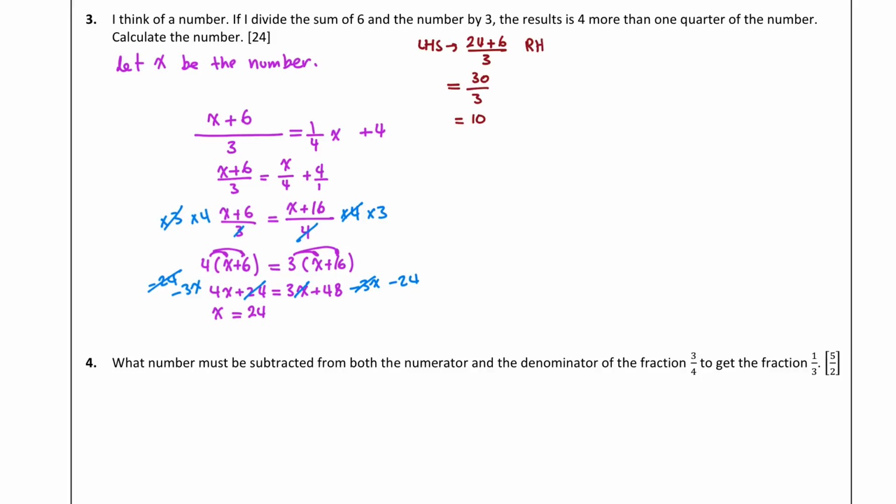And my right hand side is equal to 1 over 4 times 24 plus 4. 24 times 1 divided by 4 is 24 divided by 4, which is 6, plus 4 is equal to 10. So my left hand side is equal to right hand side, therefore my solution is correct, and therefore the number is 24.